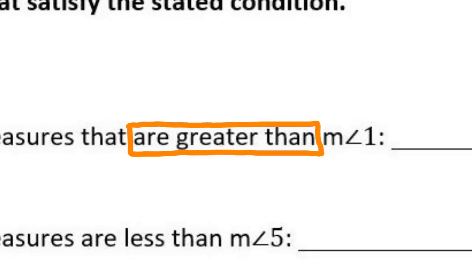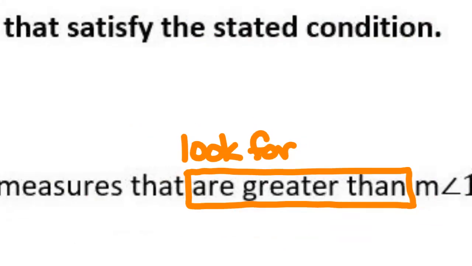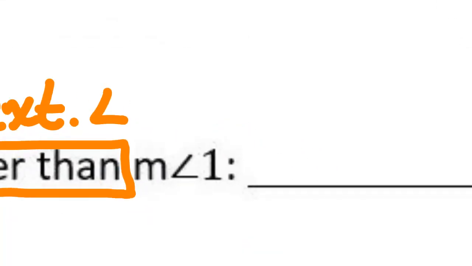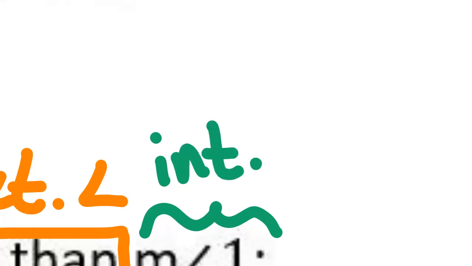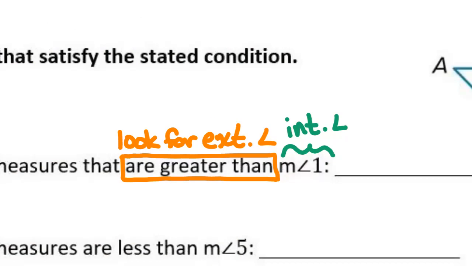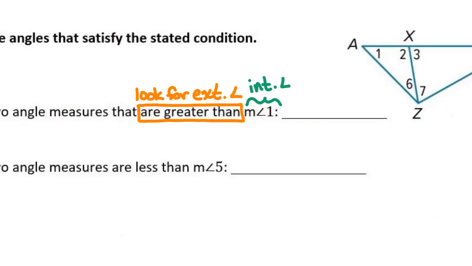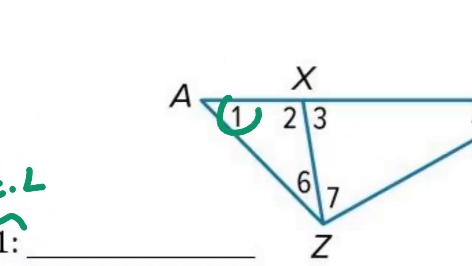When you see greater than on a question like this, we want to look for an exterior angle, which means what they're giving me over here is an interior angle. Whatever I'm looking for, they gave me the opposite. So if I'm looking for an outside angle because it says greater than, then what they gave me is an interior angle. Well, here's angle 1.